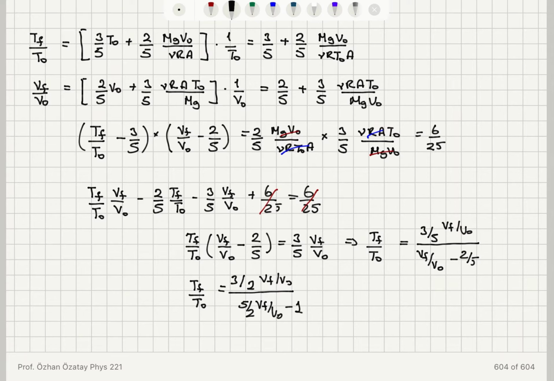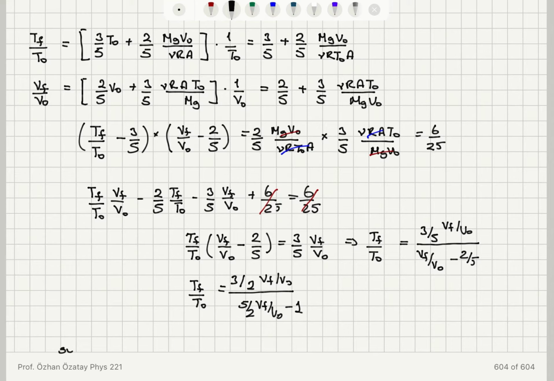So I take the bottom into 2 over 5 parentheses. So 3 over 5 divided by 2 over 5 gives me 3 over 2. So this is basically T final over T0 written in terms of V final over V0.